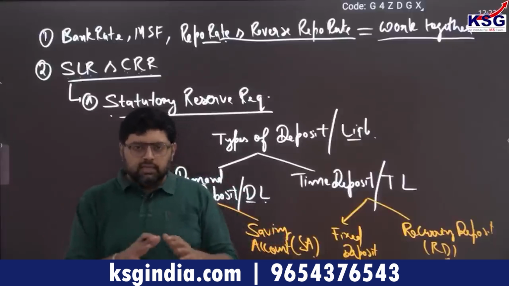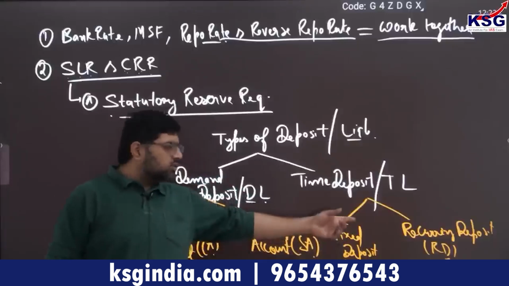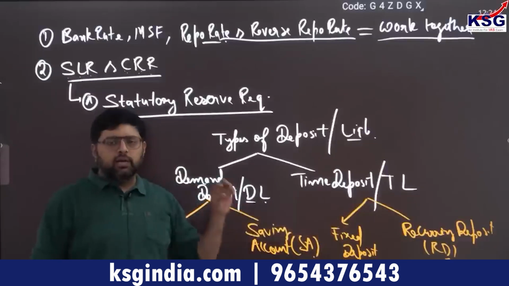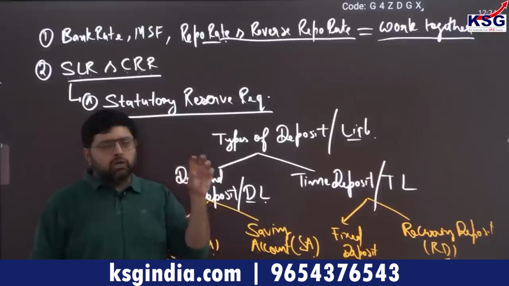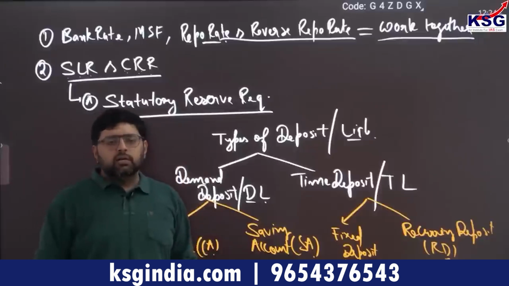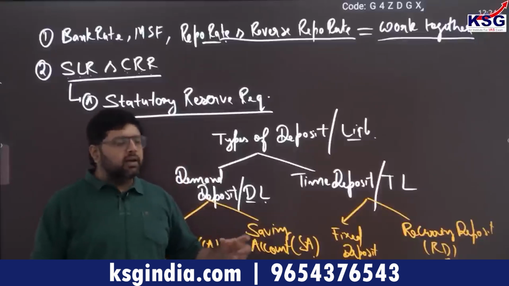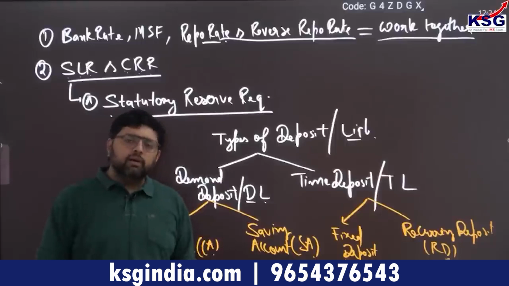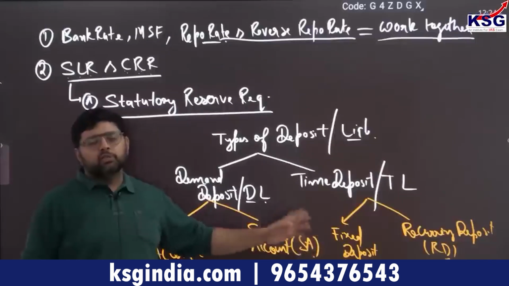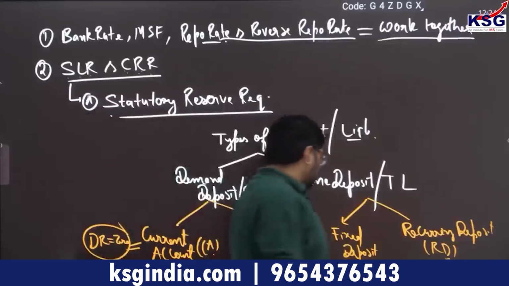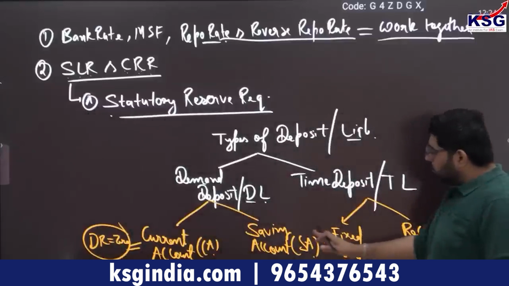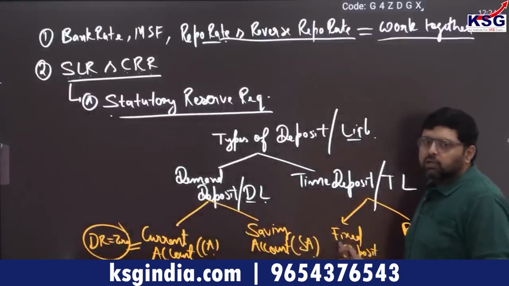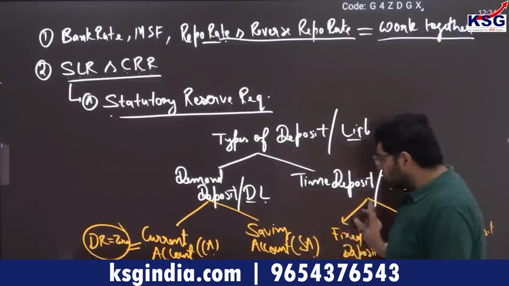That is called recurring deposit. In FD and RD you will get a higher deposit rate as compared to the saving account. Clear? So this is what you have to understand.